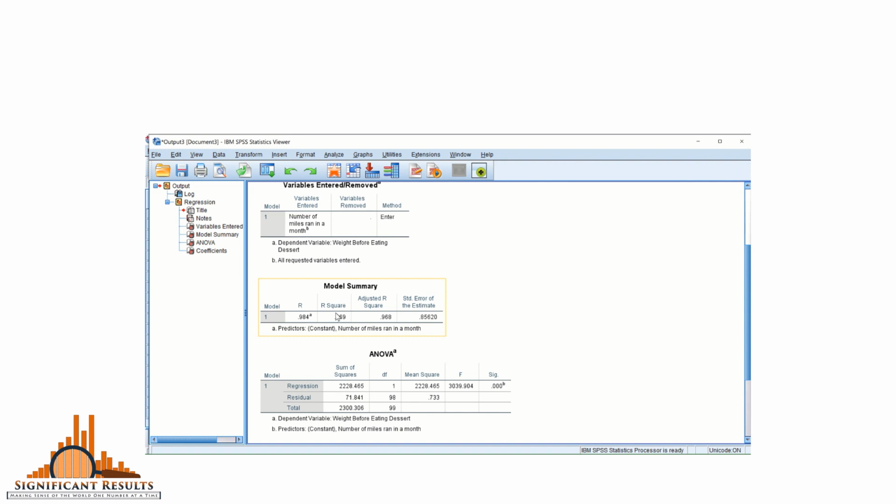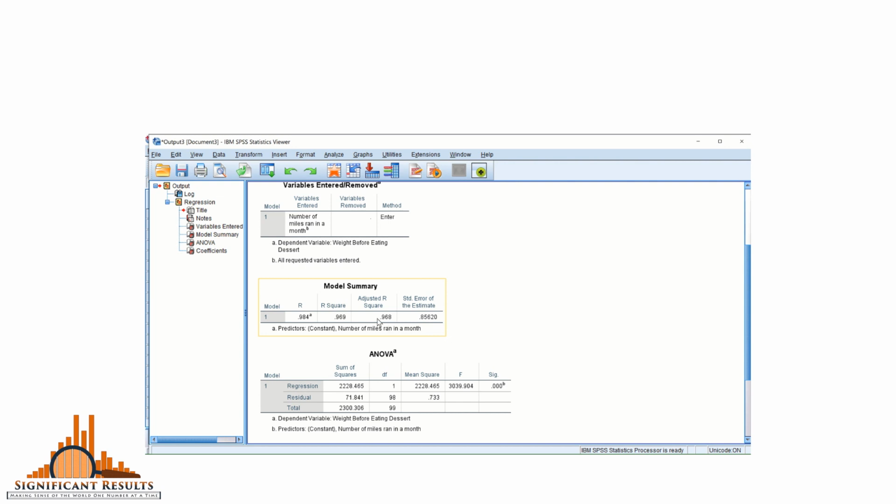We also have R square and adjusted R square. These values are the squared value of R, with adjusted R square being a little bit more conservative. When you report these values, you can report both. Adjusted R square comes into play more pronouncedly when you have more than one independent variable, because it's able to be a positive number or a negative number depending on if your independent variables are meaningful.